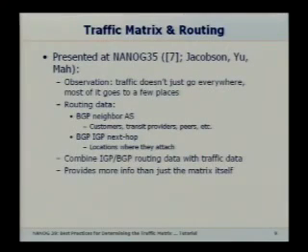I want to say a few things about a presentation which was a few NANOGs ago by Van Jacobsen, Hauber Yu, and Bruce Ma about, I think it was called route flow fusion, where they made a case for actually not just looking at the traffic, but combining the traffic data, so the traffic matrix, together with routing information.